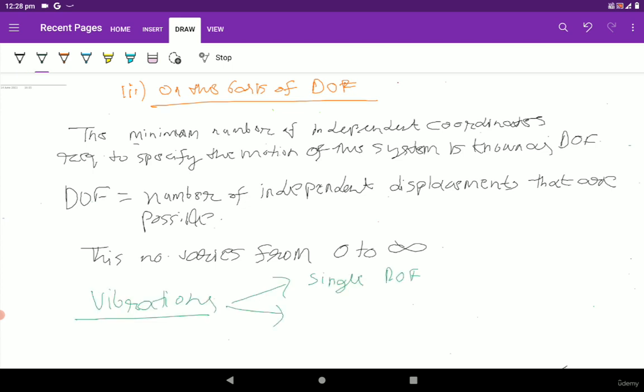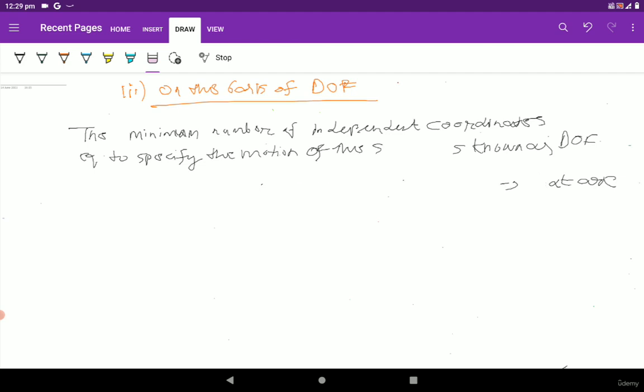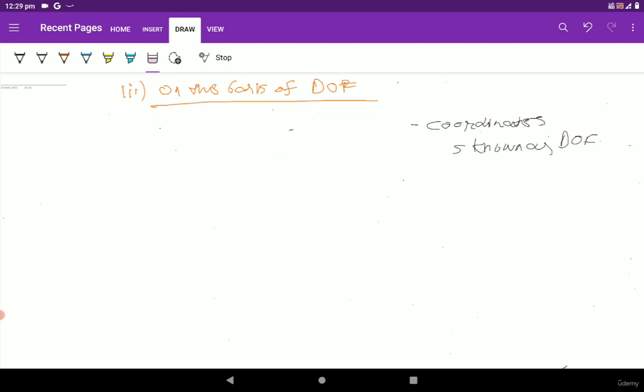Second one is multi degree of freedom, and third one is infinite degree of freedom. Now let's see some examples.